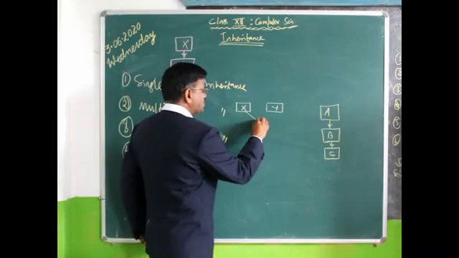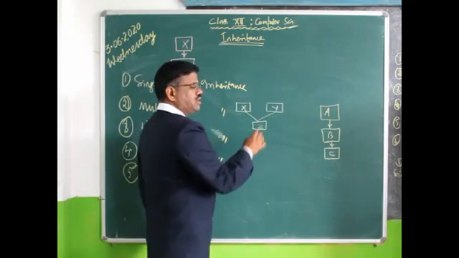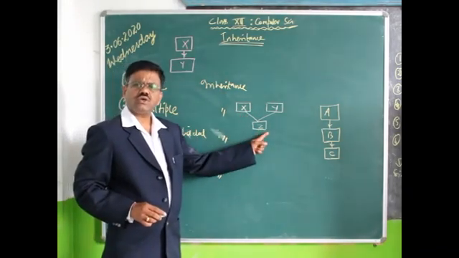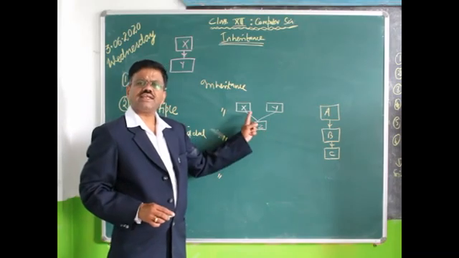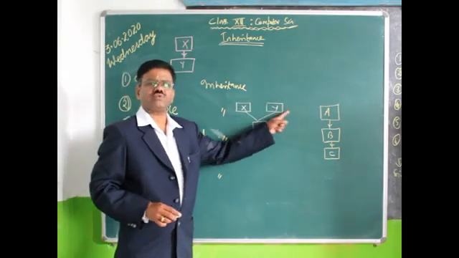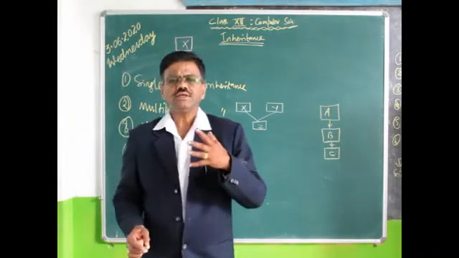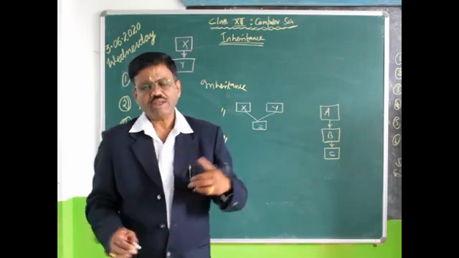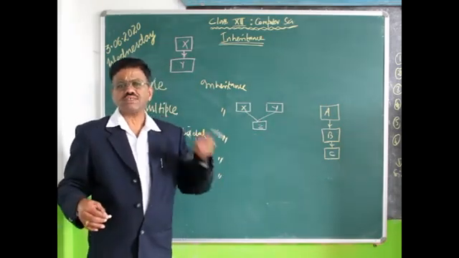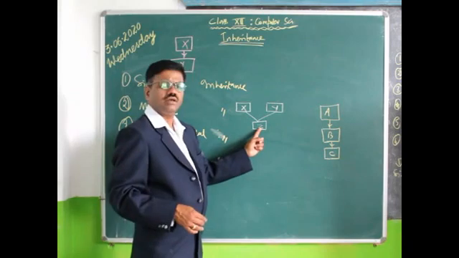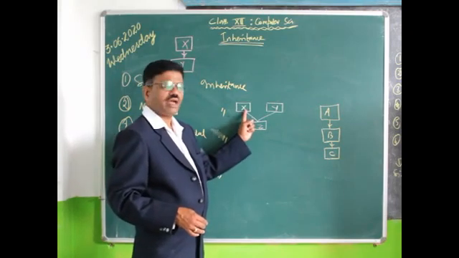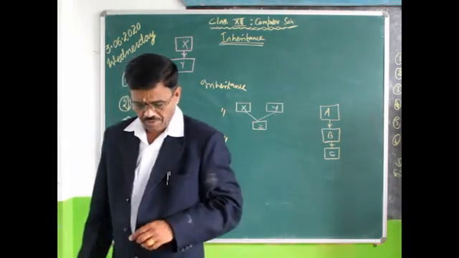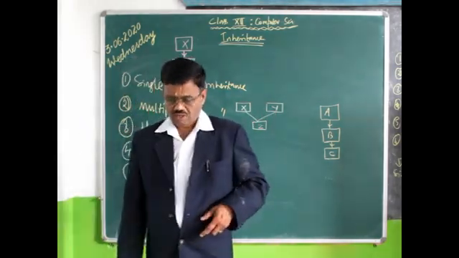Class Z inherits the properties from class X or class Y. It can inherit from class X and class Y, whatever may be the desired output. Right? It can bring from multiple sources, multiple classes. Class Z gets the property from Y and X. So this is called multiple inheritance.